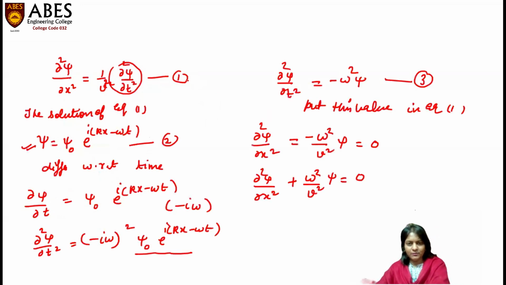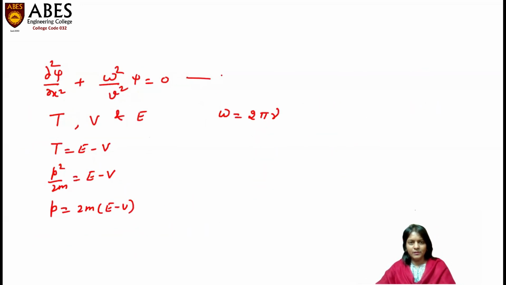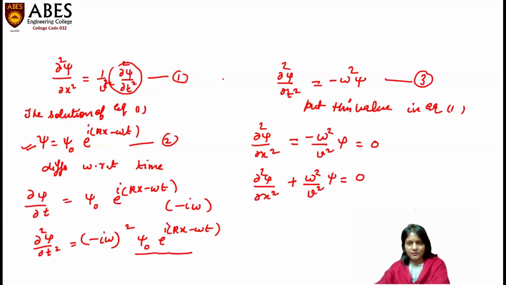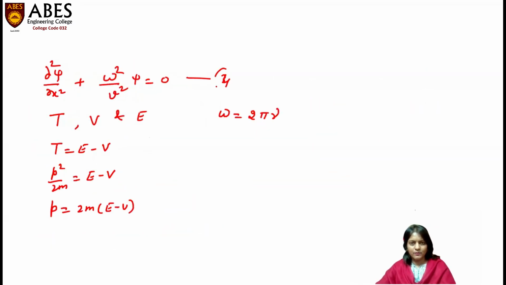This is equation number 4. If the velocity of the wave is v, then omega is equal to 2 pi nu, and this nu is v by lambda.